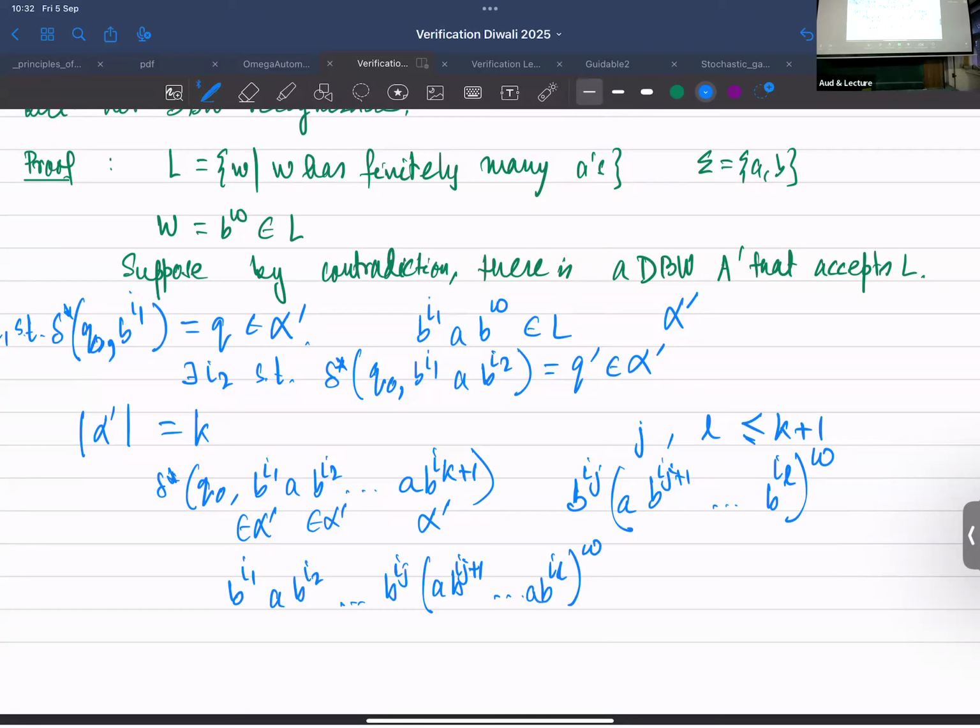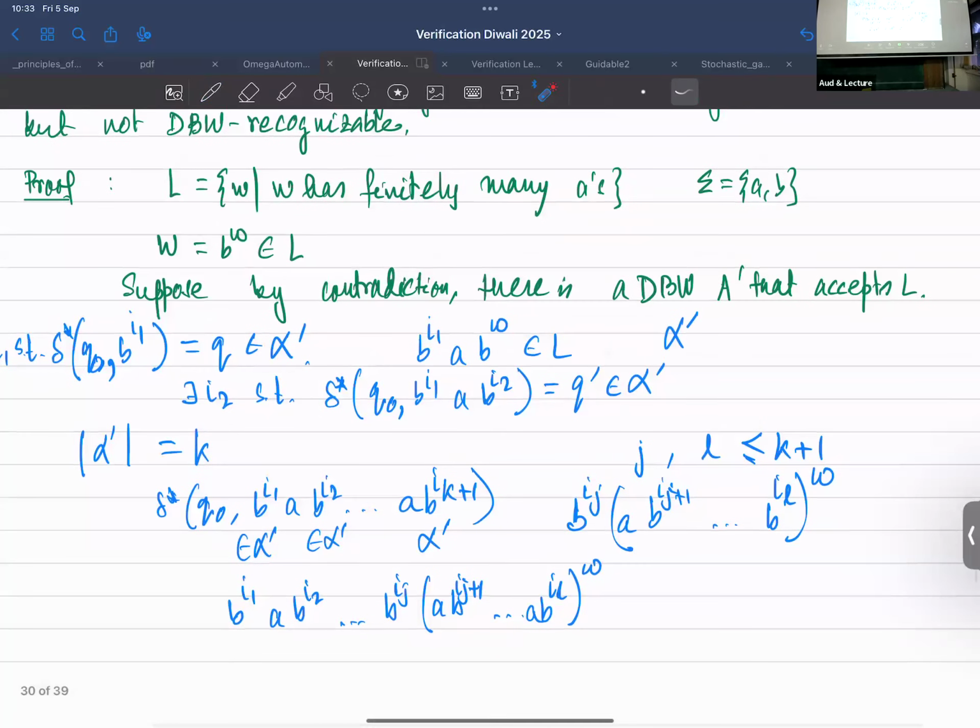There are some A's also here. This should visit a particular state in alpha prime infinitely often. And now this word has infinitely many A's, so this gives a contradiction.